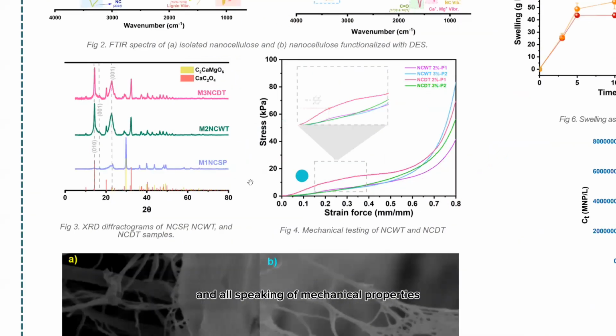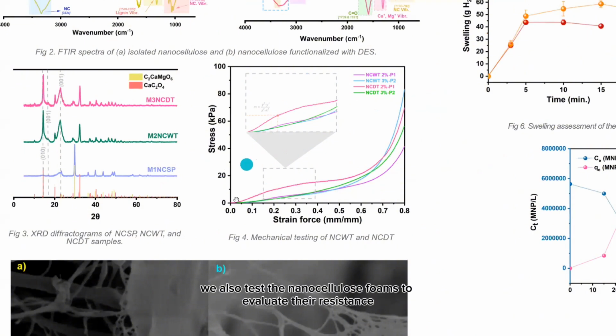And speaking of mechanical properties, we also tested the nanocellulose foams to evaluate their resistance. The results reveal that the foam functionalized with the deep eutectic solvent at 2% concentration exhibits the best mechanical behavior.